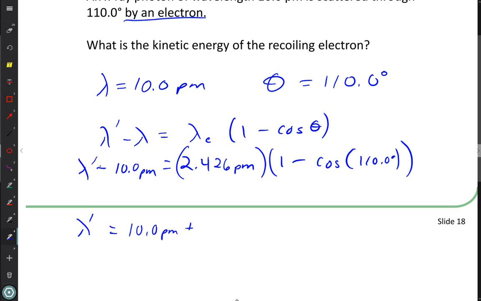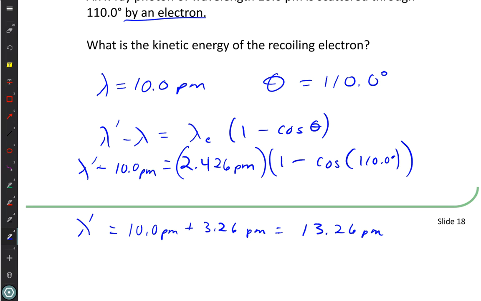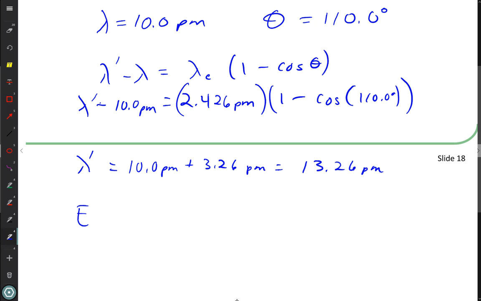That's 3.25 or 3.26 times 10 to the minus 12. How many significant digits do I have in this number? 3. I wrote 4, so I'm not throwing away much information, but I have only 3. So now that I have that, my energy initial was hc over lambda. The energy final, these are for the photons, hc over lambda prime.